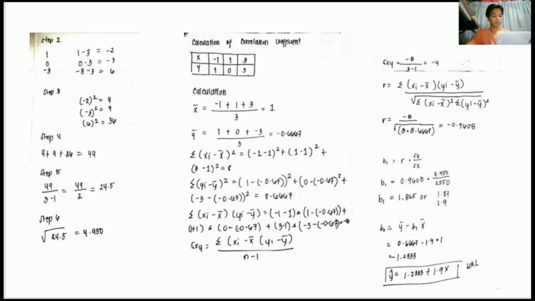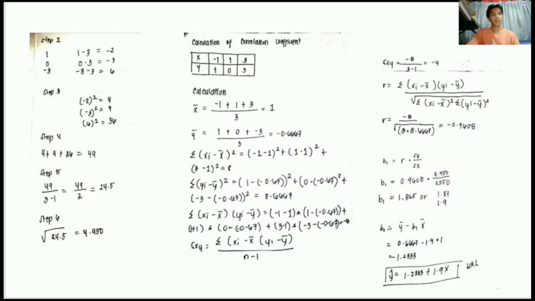In order for us to find the r, we need to use the formula: the sum of x_i minus x mean times y_i minus y mean, all over the square root of the sum of x_i minus x mean squared times the sum of y_i minus y mean squared.